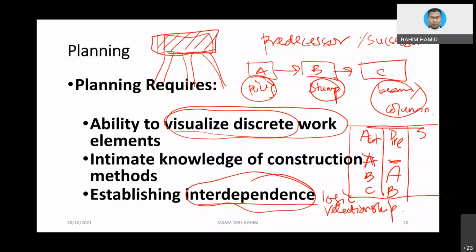Meaning the successor of A is the things that come after A. Predecessor is the concept of what comes before A. So the successor of A is B, the successor of B is C, and the successor of C is none, meaning to say that there is no more activity after C, and there is no more activity before A, in the example from this diagram.